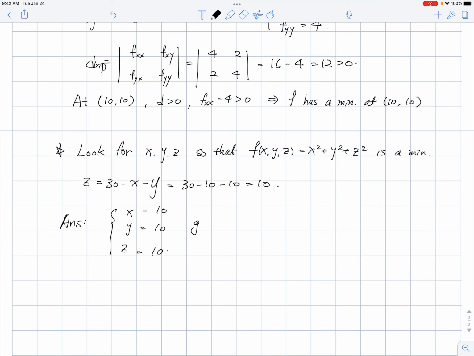Okay, so this set of numbers gives a minimum of x squared plus y squared plus z squared, and they satisfy x plus y plus z equal to 30. All right.